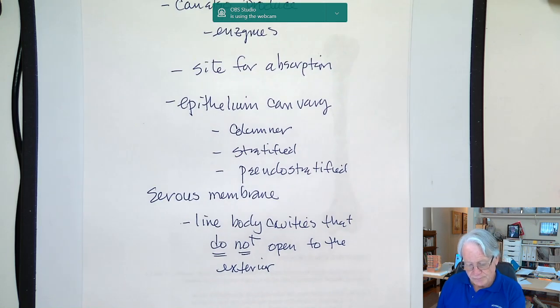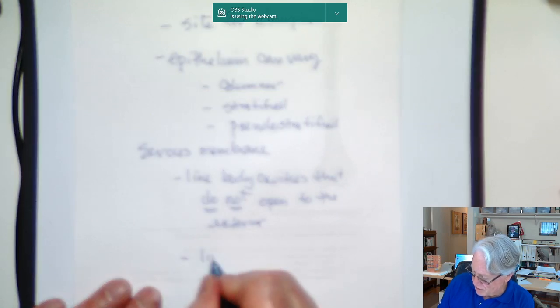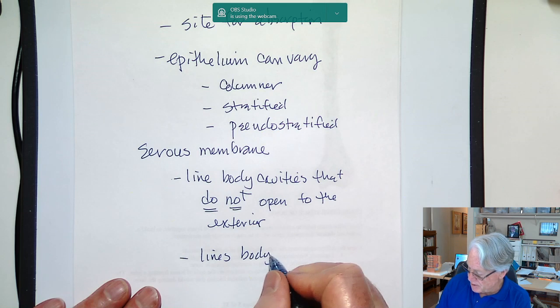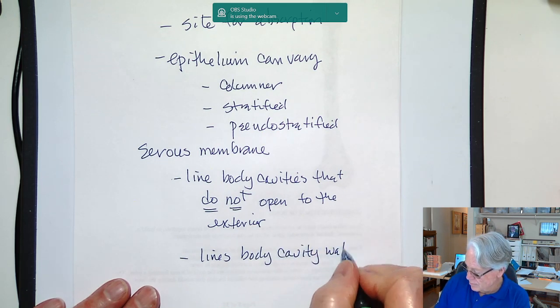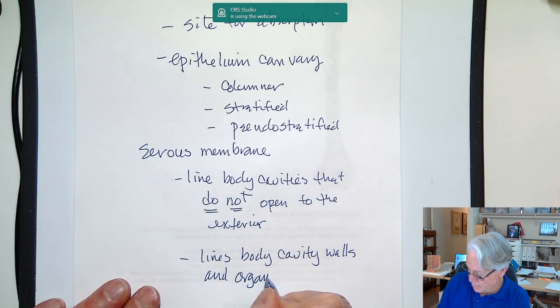Okay. And generally what we do is we find this, it lines the body walls, the body cavity walls, and organs. Okay.